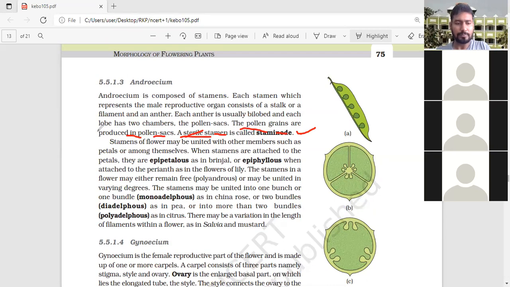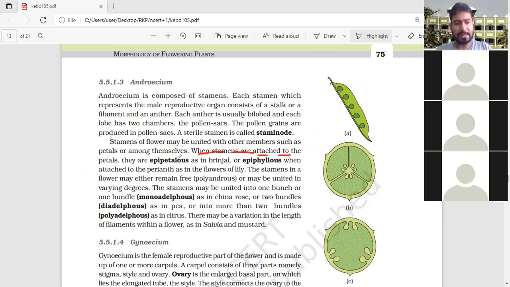Now, stamens of a flower may be united with other members, such as petals, or among themselves. If among themselves, it is cohesion; if with different members, that is called adhesion.